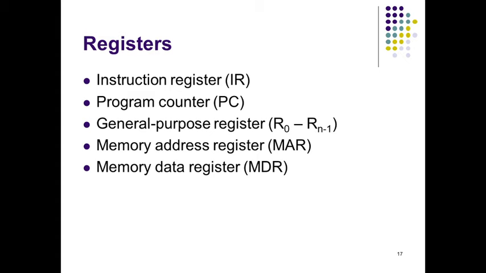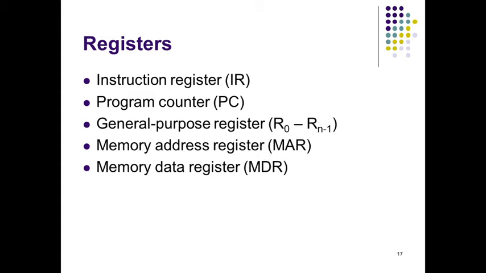Apart from the IR and PC, the figure also shows n general purpose registers, R0 to Rn minus 1. I will discuss these general purpose registers in a later part.